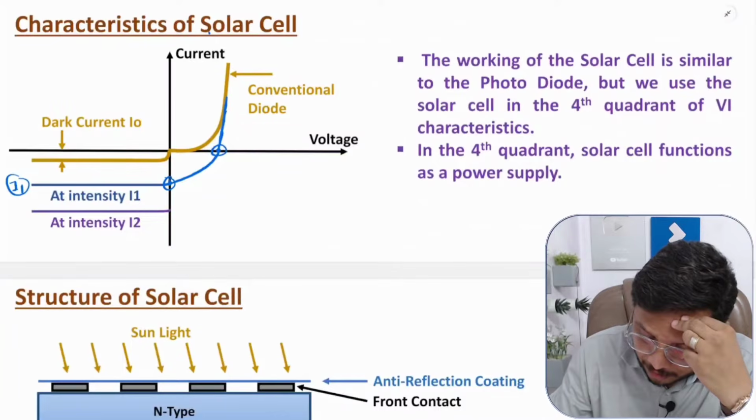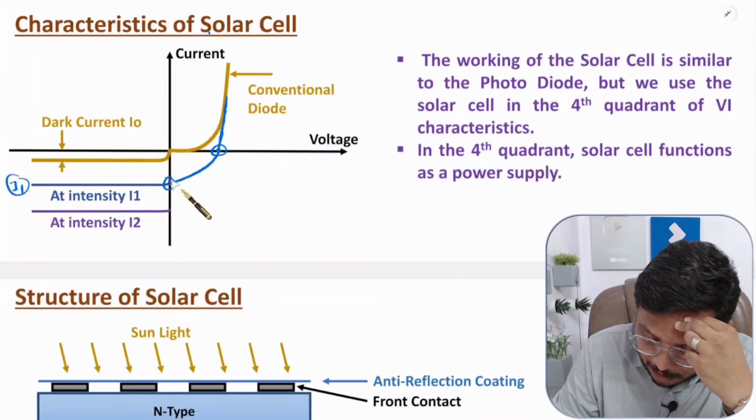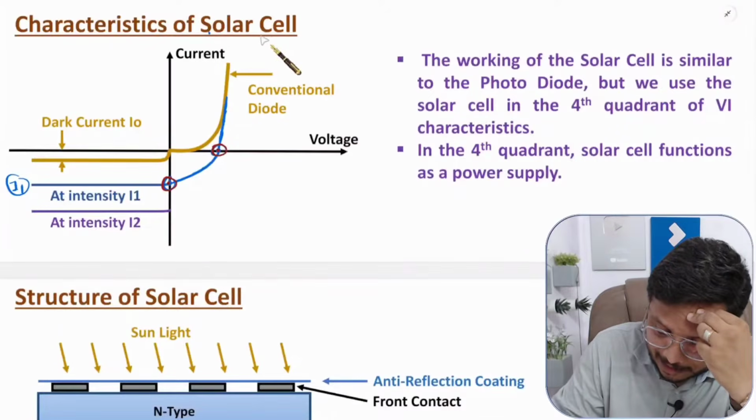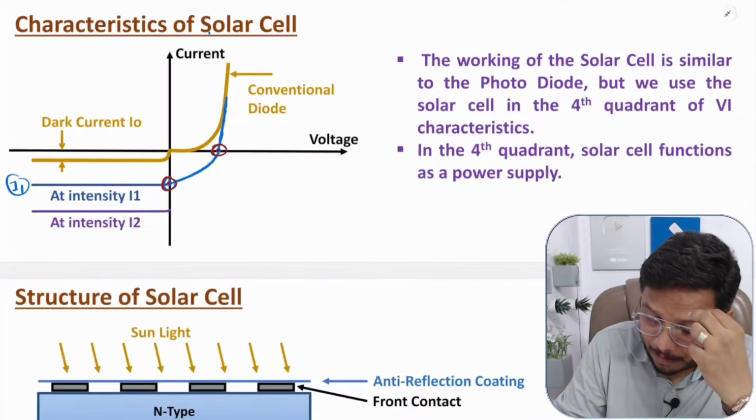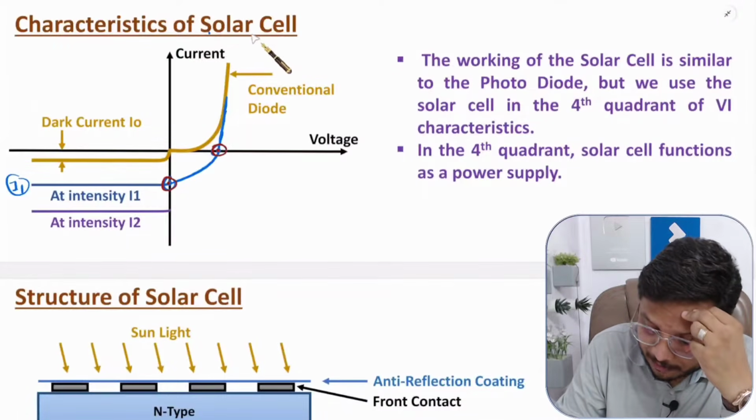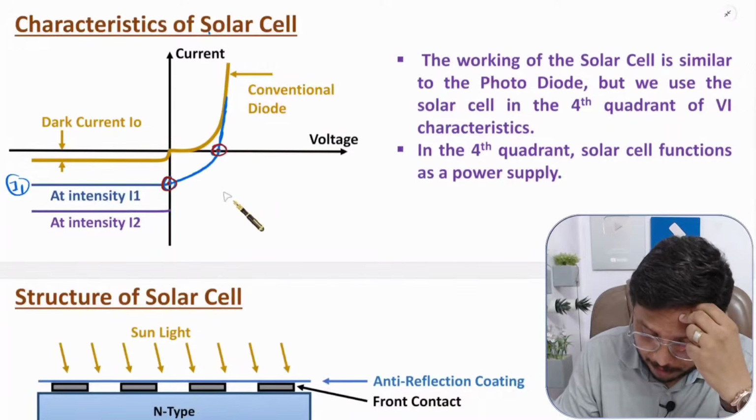Here is one thing that you need to understand: the same thing is what you will be using as a solar cell. So in the fourth quadrant, we will be using that PN junction as a solar cell where we will be generating power.